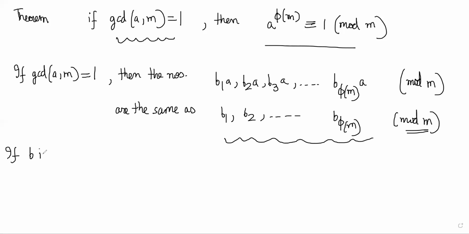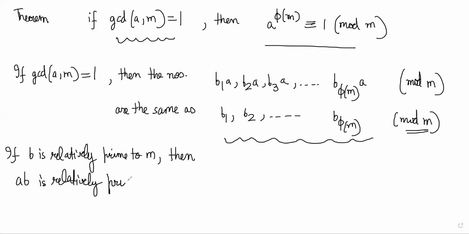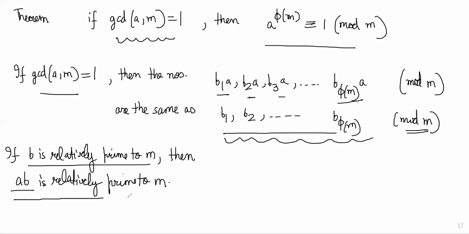So if B is relatively prime to M, then A into B is also relatively prime to M, because A is relatively prime to M. For now, just think of these as different numbers; the difference is just that one set has been multiplied by A. So if B is relatively prime to M, then AB is also relatively prime to M. If we have a list of possible remainders with M here, B1, B2, this might not be the total.